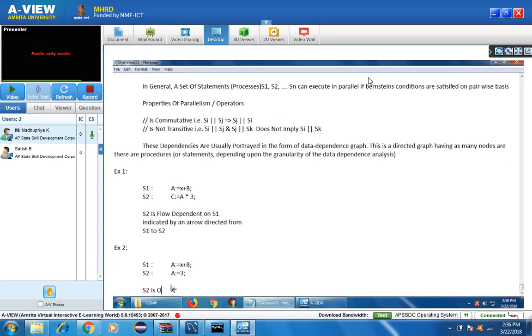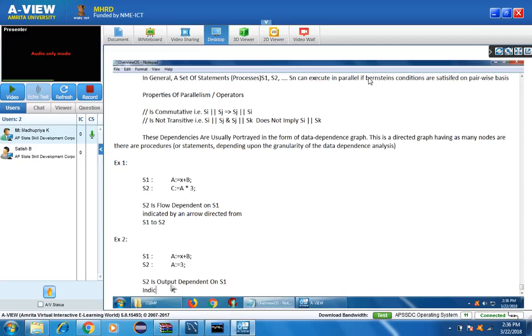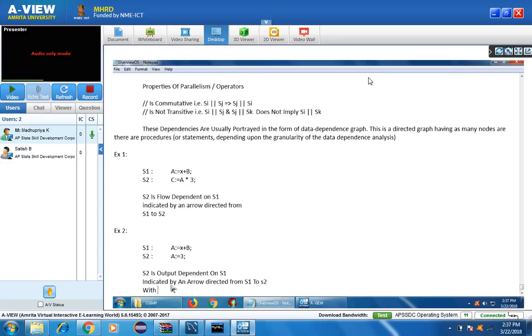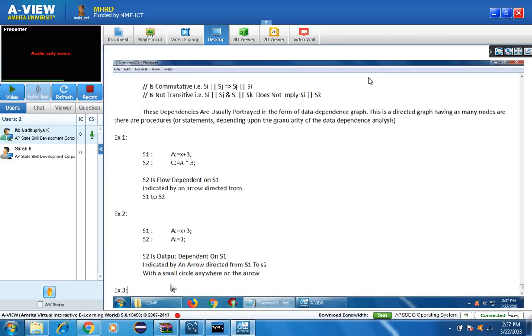And what you find here is S2 is output dependent on S1, because after getting the output of the first expression, it is then provided to the second. It is indicated by an arrow directed from S1 to S2 with a small circle anywhere on the arrow. This is an example of output dependent.